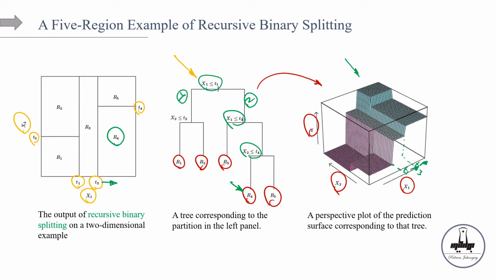If the answer is no, we are in R5, right? So if you want to show it in this 3D plot, this is going to be our R4. And this number here is going to be the cutoff for our t4.